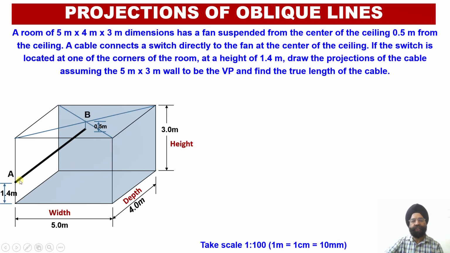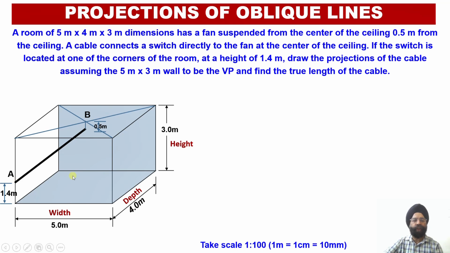And once I join this line AB over here, that is joining point A which corresponds to the location of the switch and point B which corresponds to the location of the ceiling fan which has been suspended 0.5 meter below the ceiling, and it is located centrally in the ceiling of this particular room. So we are required to evaluate the length of this electric wire or this electric cable using the principles of orthographic projections.